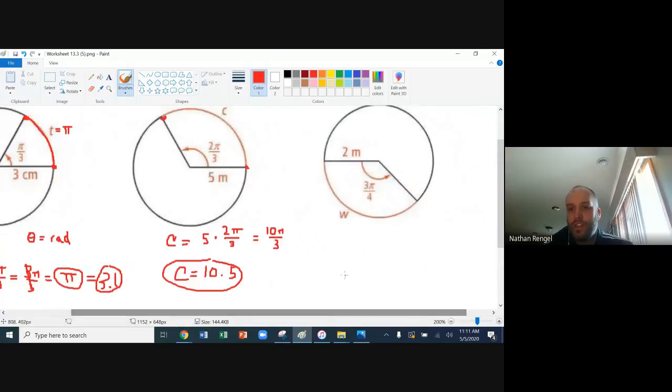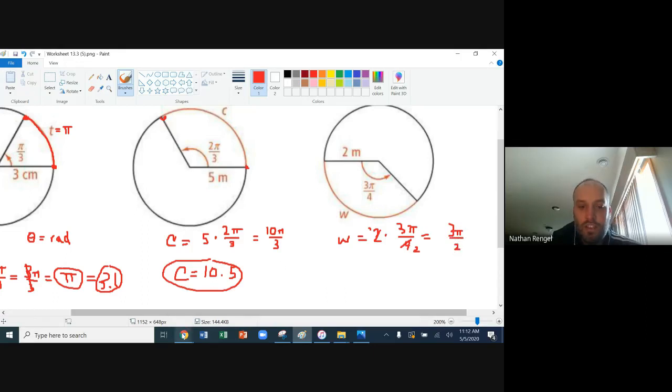And lastly, we're trying to find W. So W is going to equal my radius, which is 2, times my radians, which is 3 pi over 4. And I'm liking this because the 2 and the 4 are going to have a 2 in common. So that's going to become a 1, and that's going to become a 2. So 1 times 3 pi is just going to be 3 pi over 2.